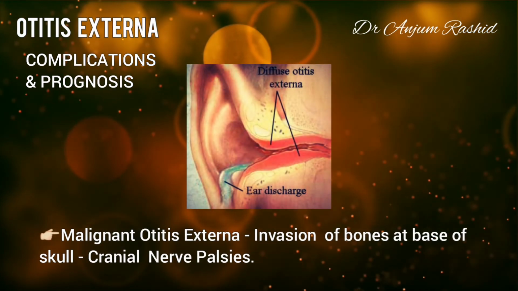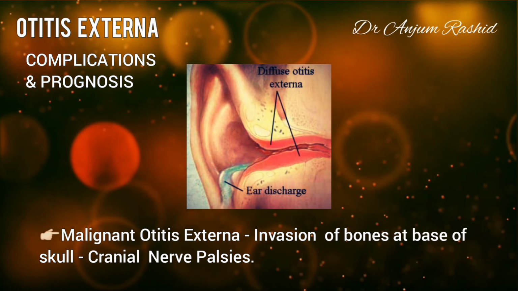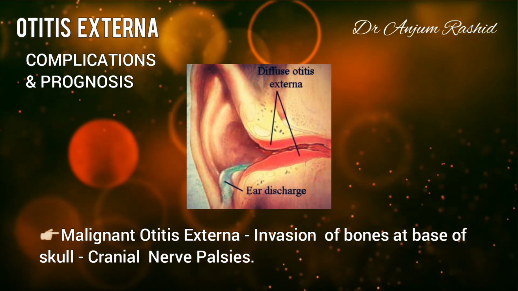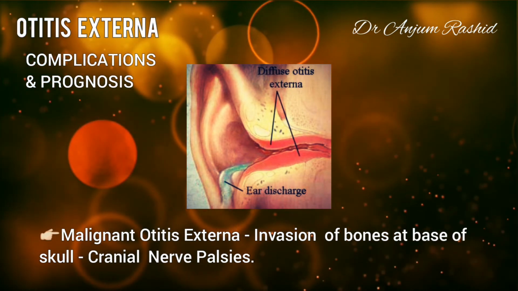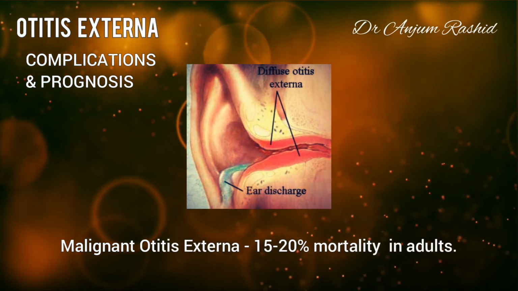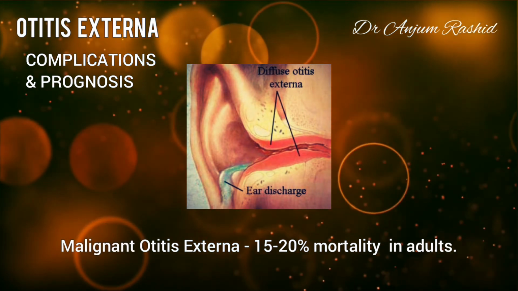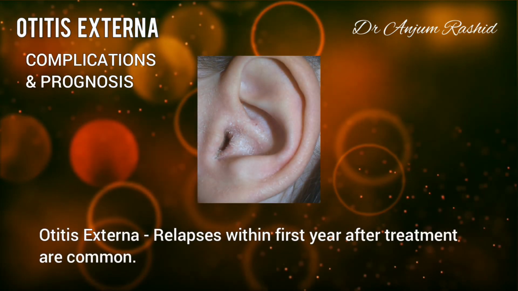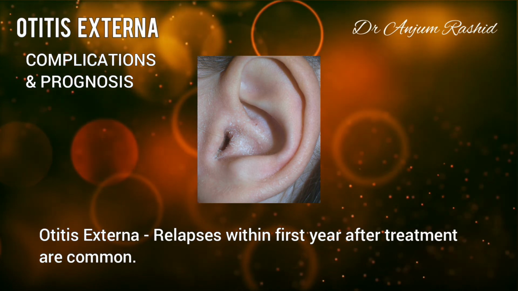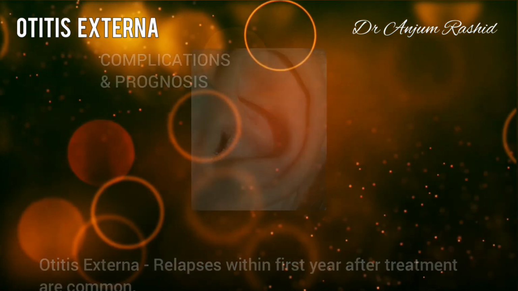Now, complications of malignant otitis externa include invasion of the bones at the base of the skull, and this may cause cranial nerve palsies, and a mortality of 15 to 20% occurs in adults with this condition. Now, relapses within the first year after treatment are common in otitis externa.